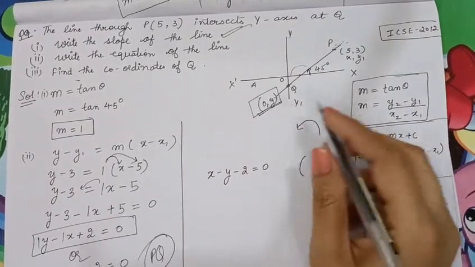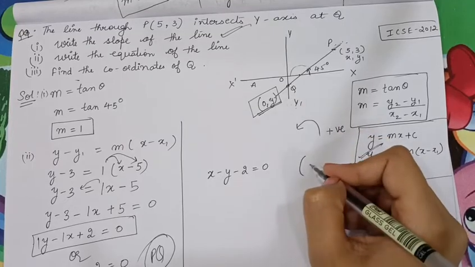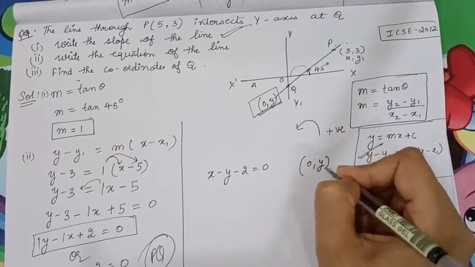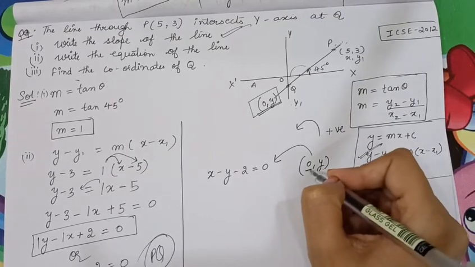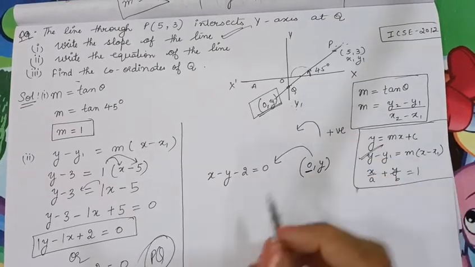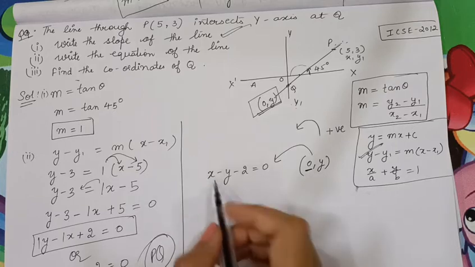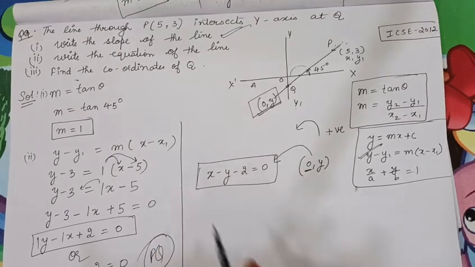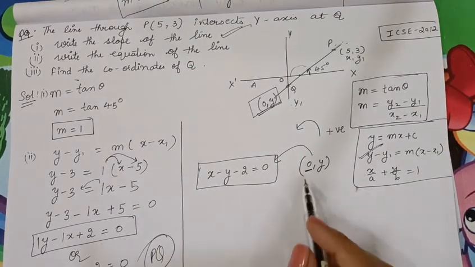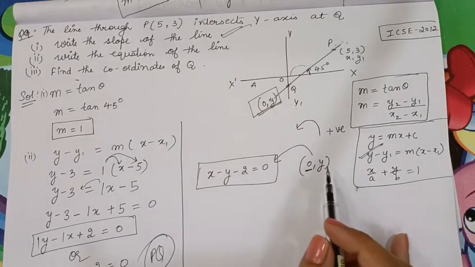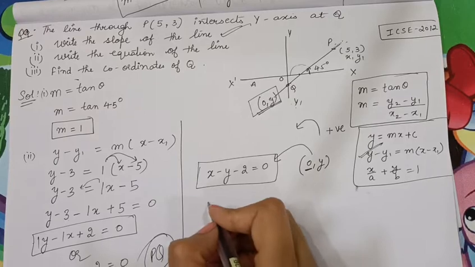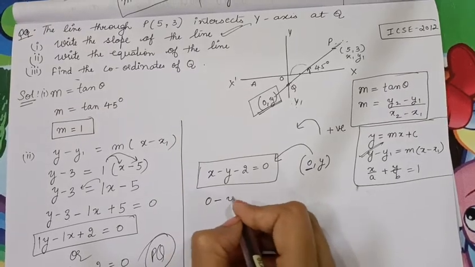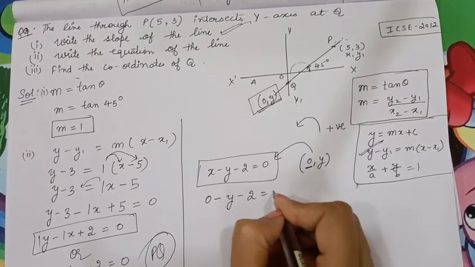And point Q is lying on this line, so the point 0 comma y is lying on this line. This means the x value is 0, so we can substitute directly in the equation. We substitute x as 0 and find the y coordinate. 0 minus y minus 2 equals 0.